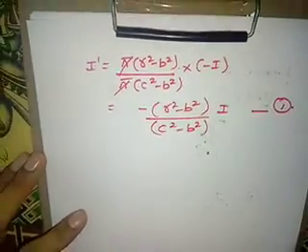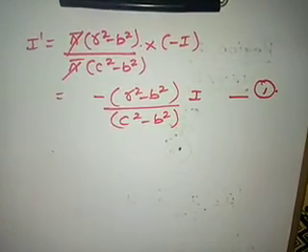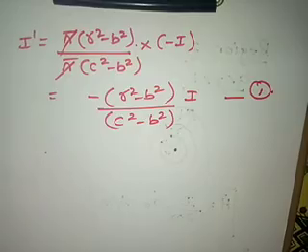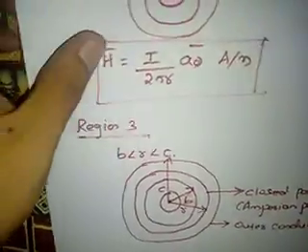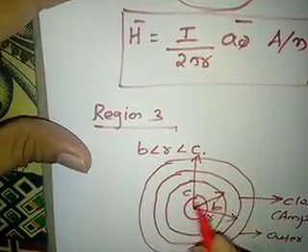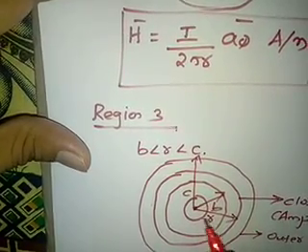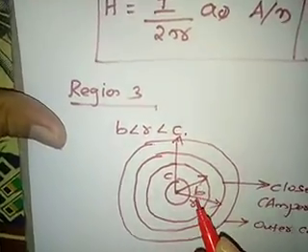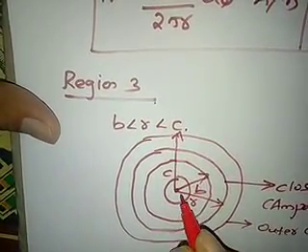Here the point to be noted is that the closed path also encloses the inner conductor. If we can see here, in the region considered, this closed path is also enclosing the inner conductor. So it also carries the current I. So the total current is not only I dash, but it is plus the current carried by the inner conductor.